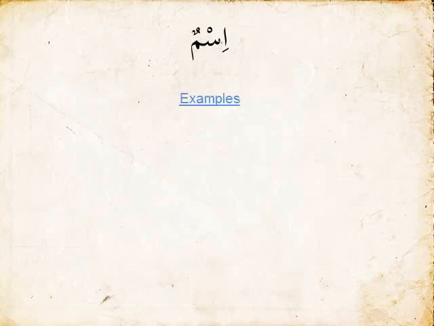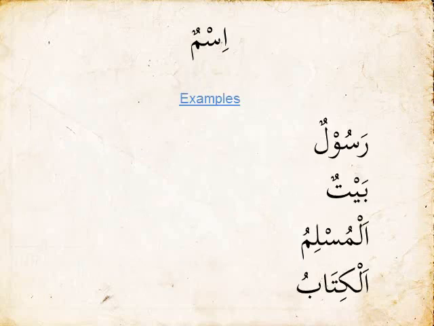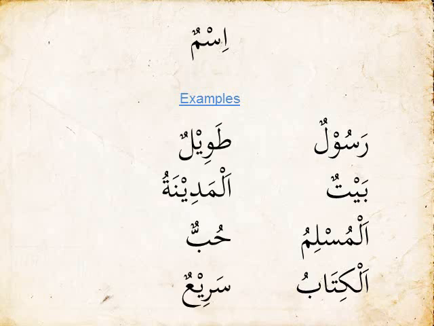Some examples of ismun are rasulun. Rasulun is a messenger. Rasulun is a person, therefore rasulun is ismun. The word baytun is a house, a thing, therefore the word baytun is ismun. The word al-muslimu means the Muslim, a person, it is ismun. Al-kitabu, the book, is ismun.